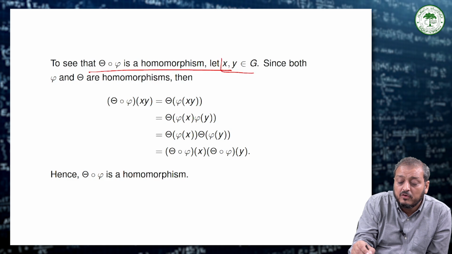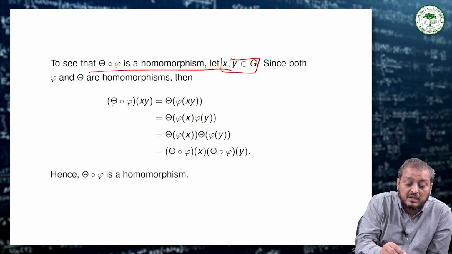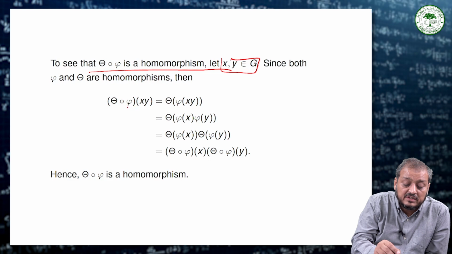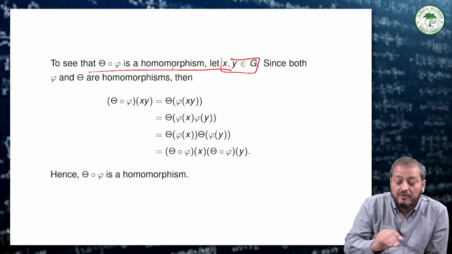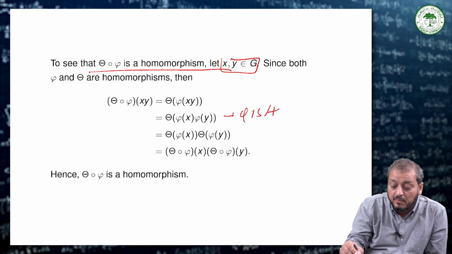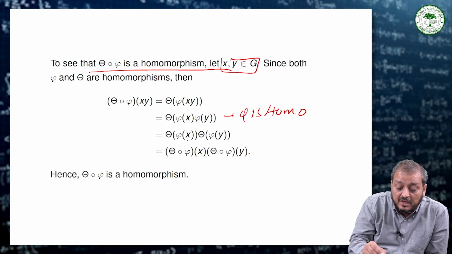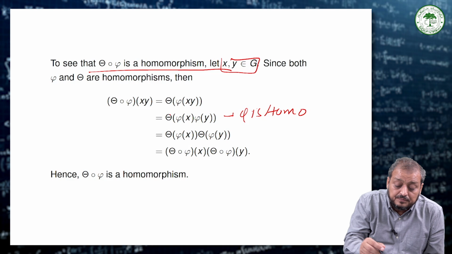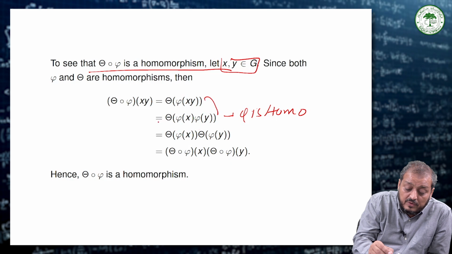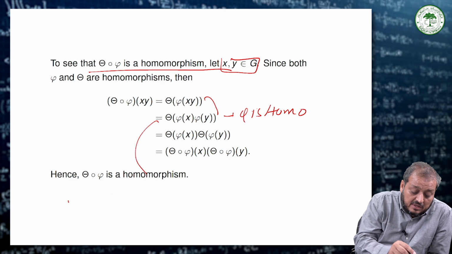We take any two elements x and y, and using the property of composition, theta composition phi of xy is theta of phi of xy. Here phi is a homomorphism, so we have theta of phi of x times phi of y.